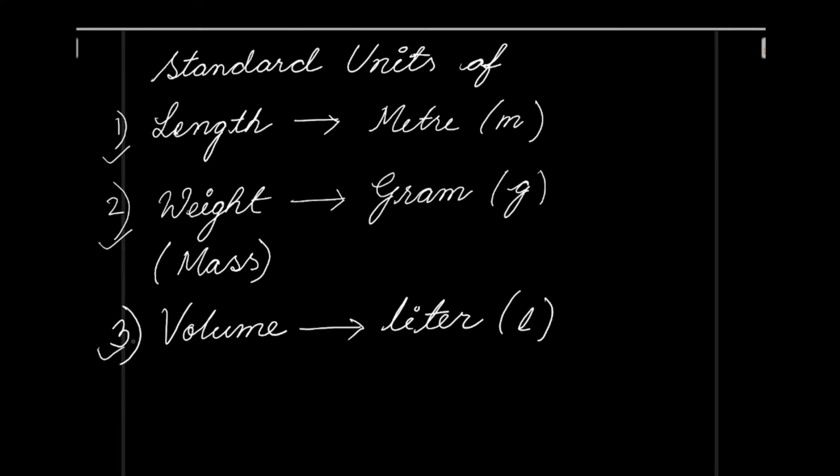Depends on these 3 units, we have to convert the lower unit to higher unit and higher unit to lower unit. Okay. So after that, the second thing you have to know is the increasing and decreasing order of units. For that, I will write it here: meter, gram, then liter.